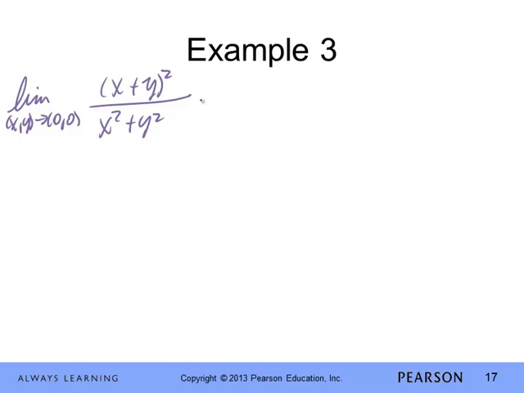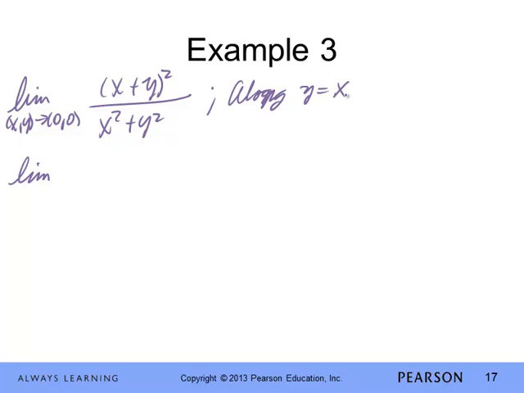So, what do we do? We would have to investigate different paths. So let's take a limit maybe along the path y equals x.